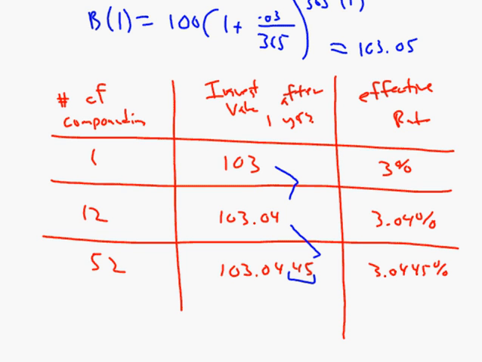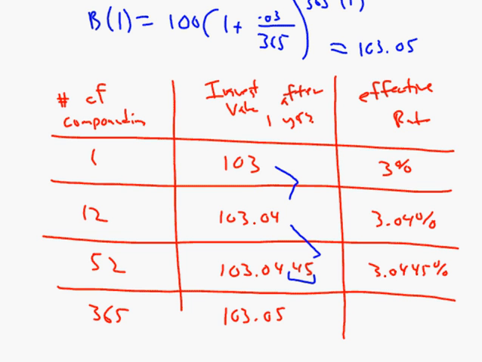And watch, we go one more, we go to 365 days of compounding, we get 103.0533, or we get an effective rate of 3.053%. And if you compare the difference here, we have an even smaller jump than before. Okay, so we're not seeing big growth.